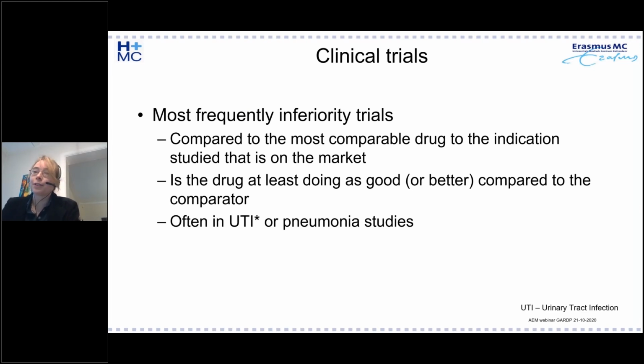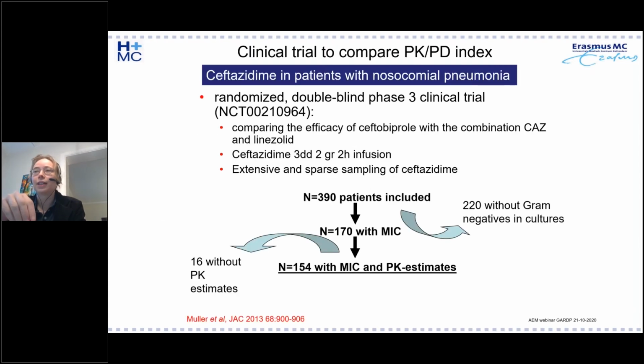To be honest, I've never seen a non-inferiority trial in brain abscesses, because that's clearly impossible. You don't have that number of patients. So there's a limited number of indications that are used for these trials. But there are also other studies that can be done in this area to determine the PK/PD index.